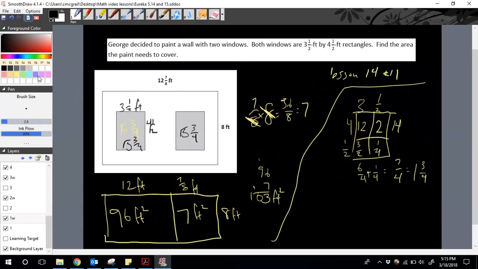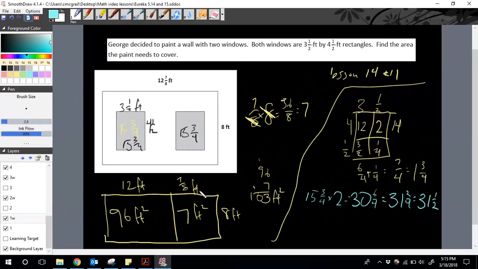Next we need to double 15 and 3/4, times 2. Well, let's double our whole number, which is going to be 30, and our fraction doubled, 3/4 plus 3/4, is going to be 6/4. And I know that this fraction is greater than 1, so 30 and 6/4 is actually going to become 31 and 2/4, or 31 and a half.